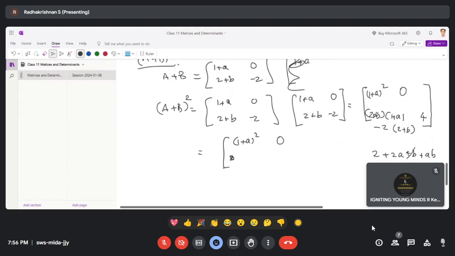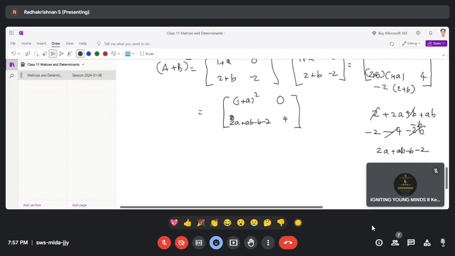Okay, so that becomes minus b. So 2 and this becomes minus 2. So it is 2a plus ab minus b minus 2. Okay. So this is your A plus B whole square.